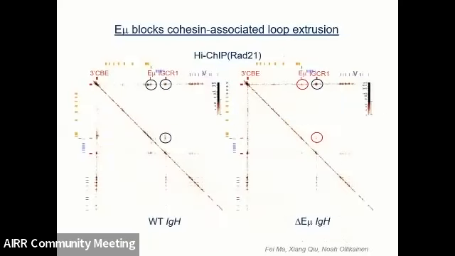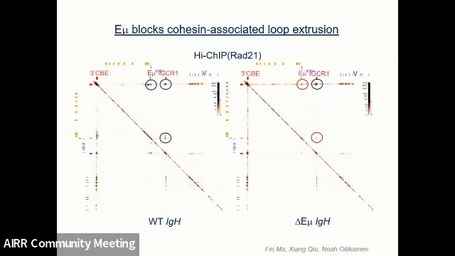And that's shown on these contact maps. I'm showing you only the Hi-ChIP analysis with RAD21, and the simple result is that any enhancer-associated interaction, such as that one with the IGCR, disappears, or that one with the 3' CBEs disappears.